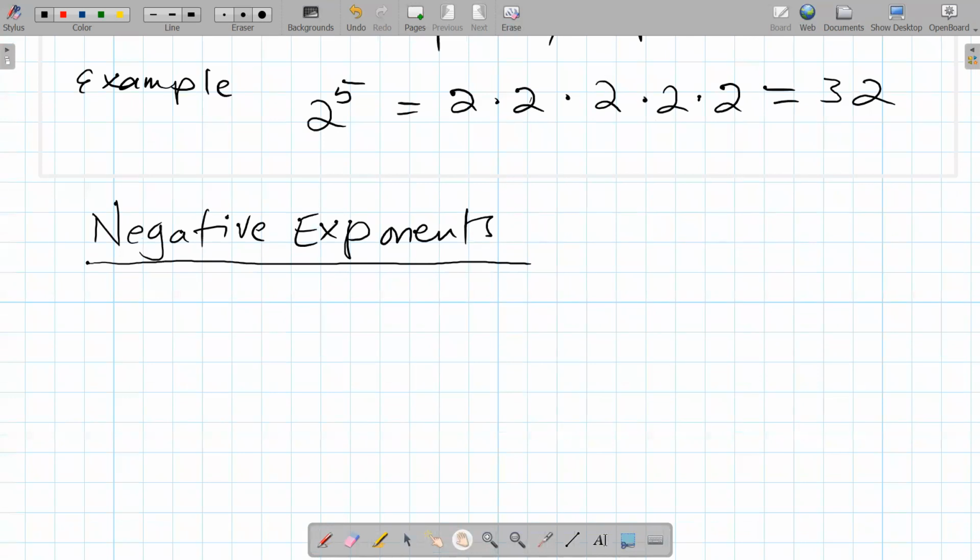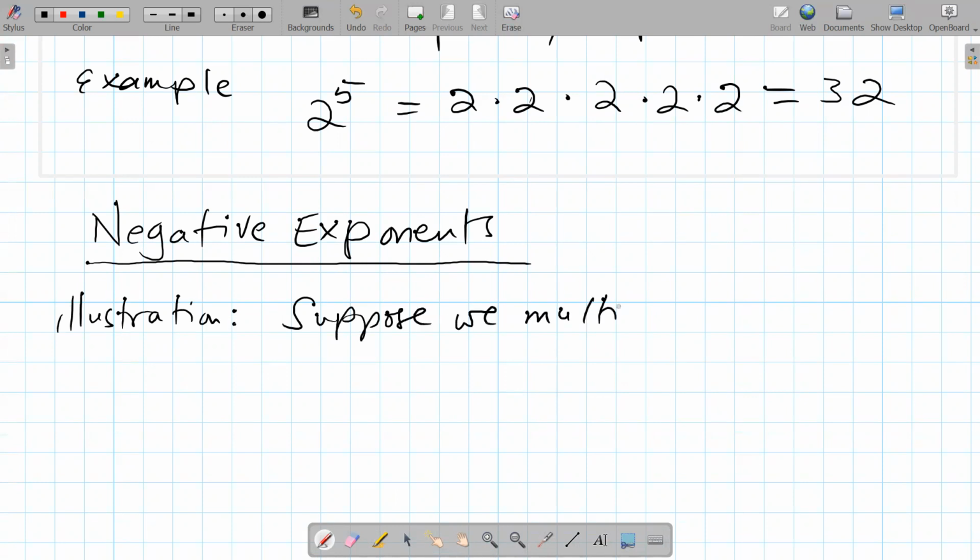As usual, let me do an illustration. Suppose we multiply 2 to the 3rd power times 2 to the negative 3rd power. Okay, let's see how this works out.